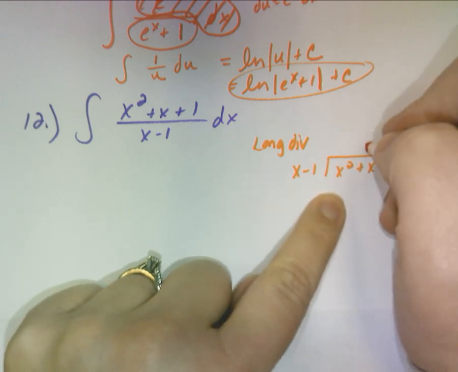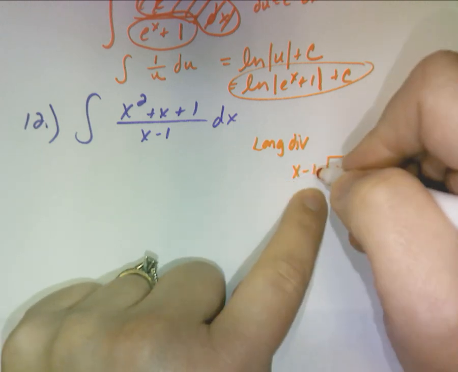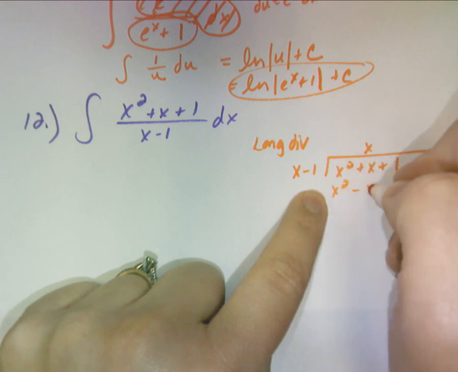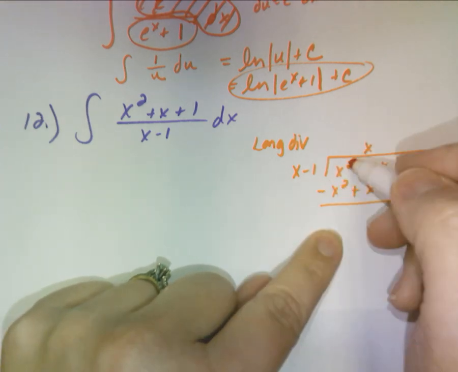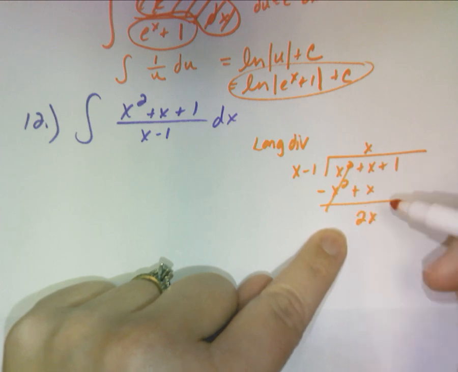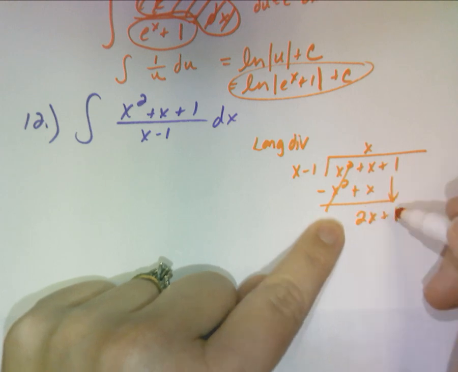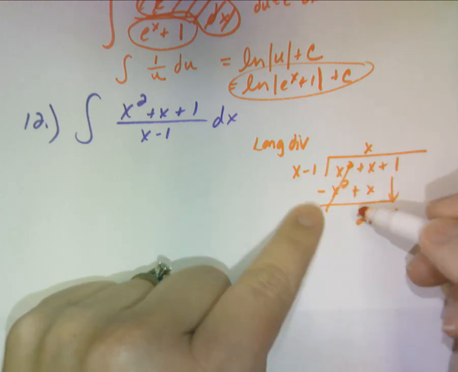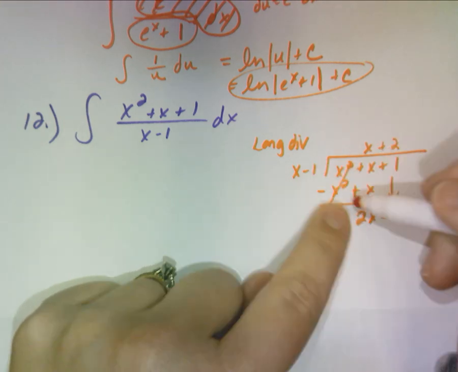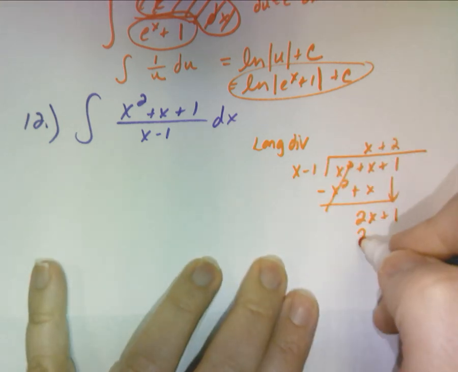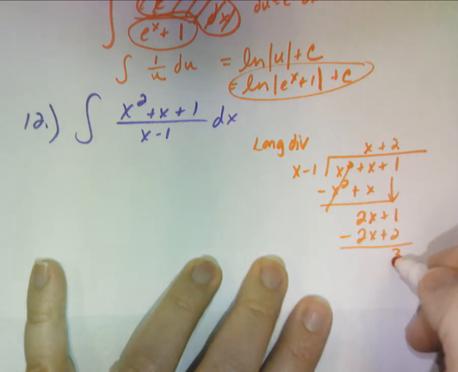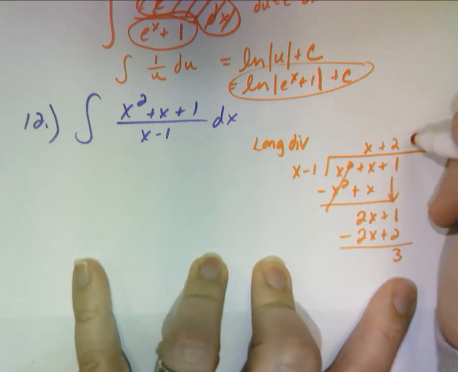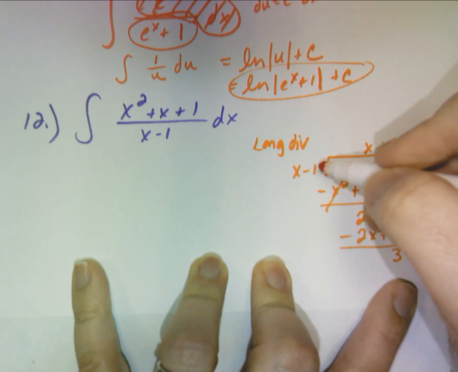Oh, you multiply by x. Then you multiply this to that and that. And then you subtract, change the signs. This goes away. This becomes 2x. Bring down. How does an x become 2x? Multiply by 2. You always do the first to the first. 2x minus 2, change signs, and you're left with the remainder of 3. And you would rewrite that as 3 over your quotient.